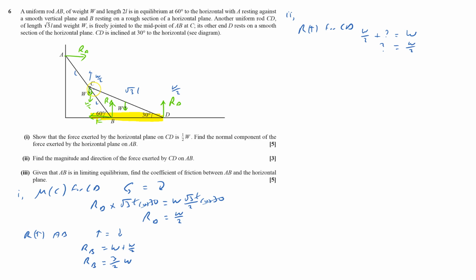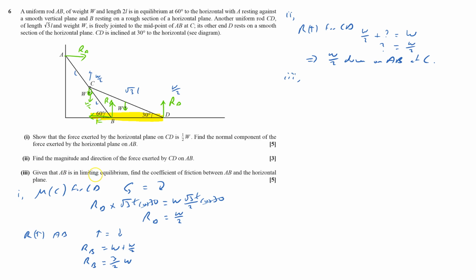So that goes up W over 2, and therefore there must be an equal and opposite force straight downward of W over 2. So W over 2 down on AB at C. And I think I've already done that bit.